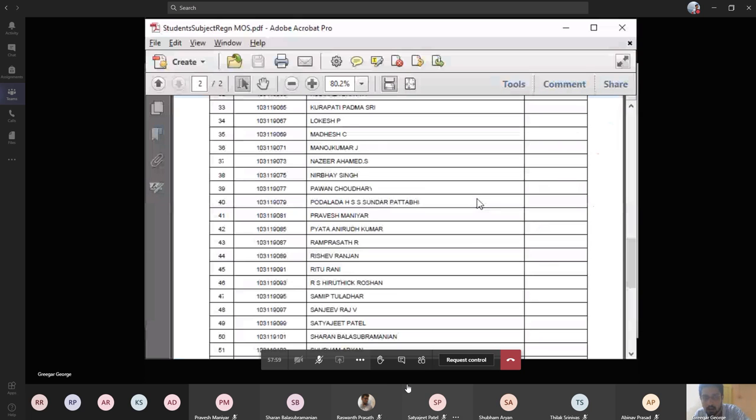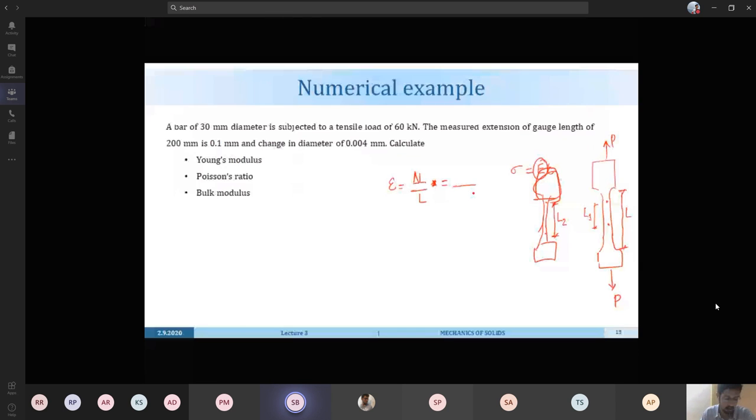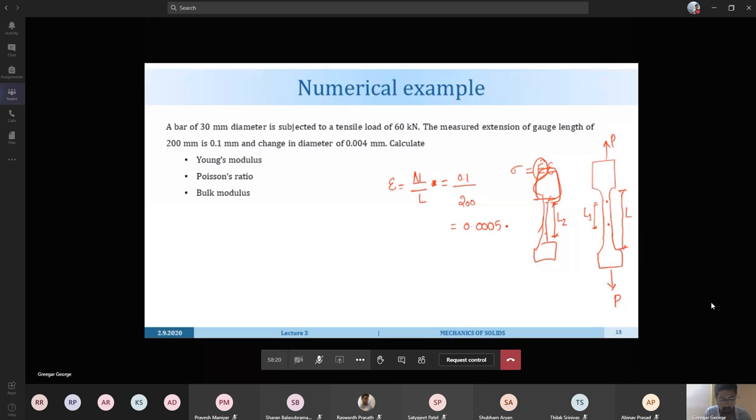Sir, myself Sharan Balsubrahmanyam. Ah, Sharan. So can you tell me what that is? 0.5 into 10 to the power minus 3, sir. Strain. Yeah, exactly. So it will be 0.1 by 200 mm, coming to 0.0005, that is 5 into 10 to the power of minus 4.